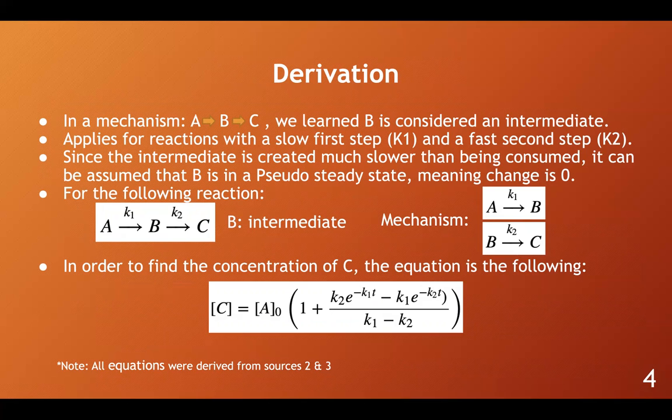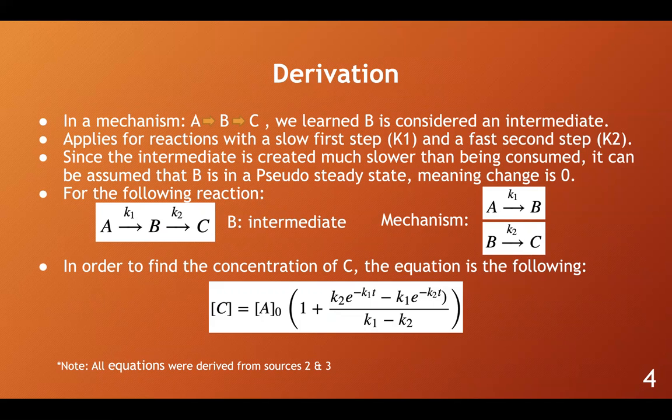This idea mainly applies when B is created slower than it's consumed. Because of this, we can assume that B in this case is at pseudo steady state, meaning that the change in concentration is 0.